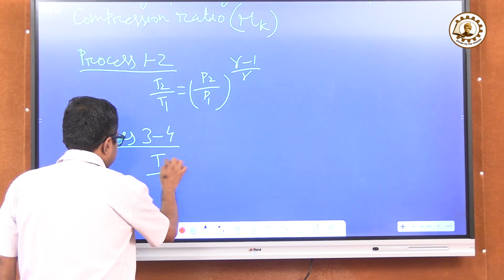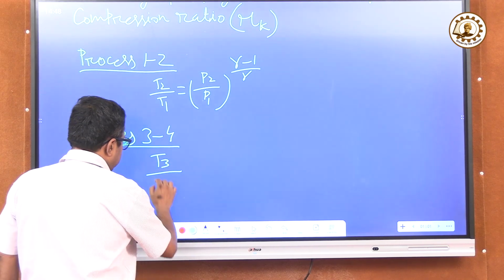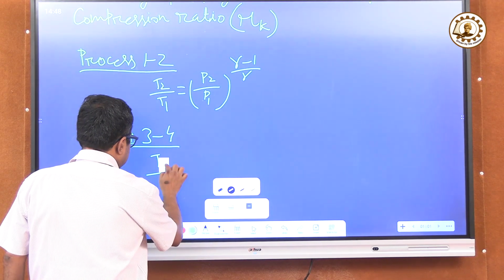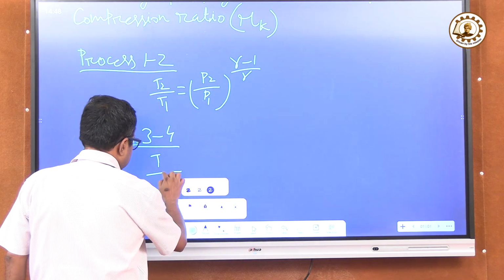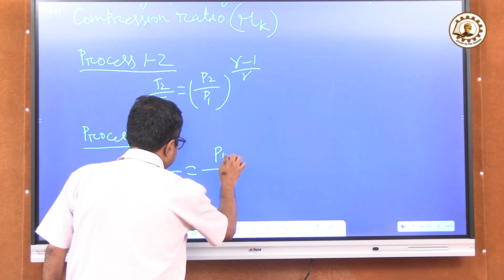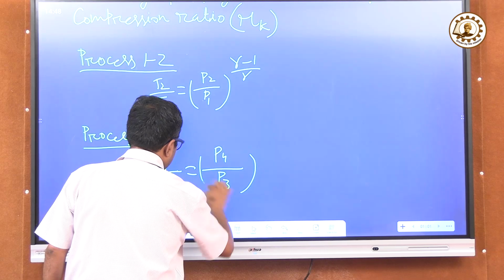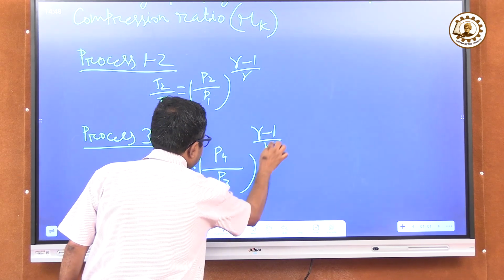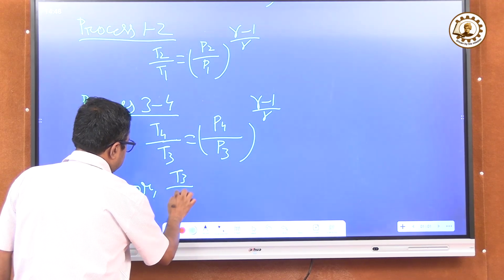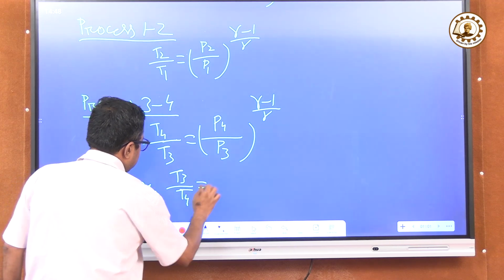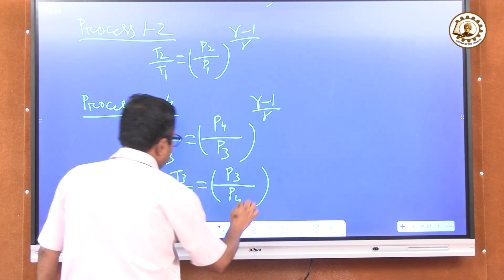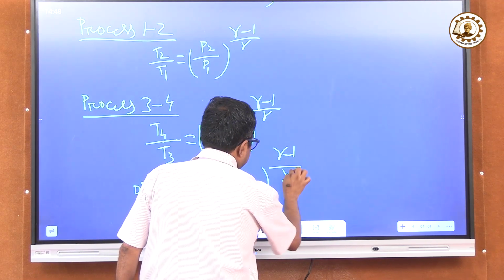Here also T4 by T3 is (P4 by P3) to the power (gamma minus 1) by gamma, or we can write T3 by T4 is equal to (P3 by P4) to the power (gamma minus 1) by gamma.